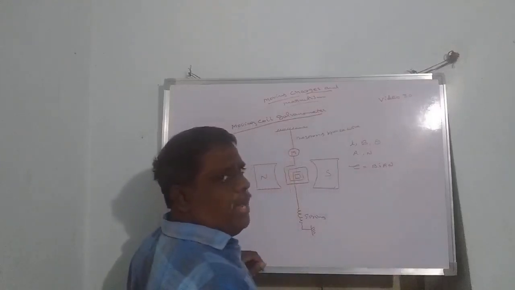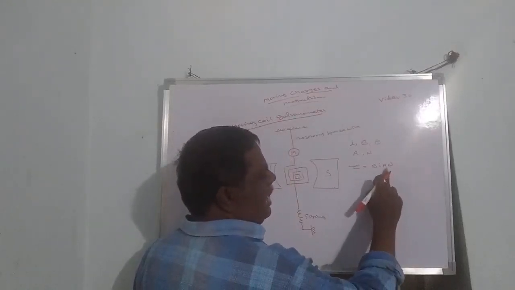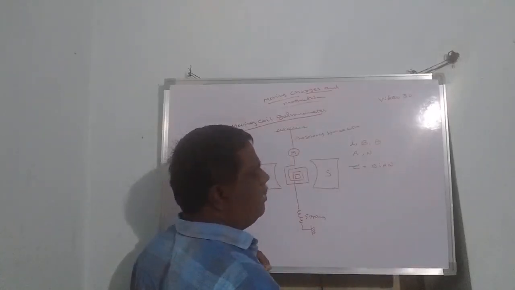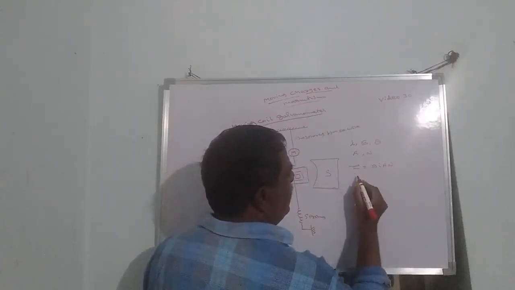That means it depends upon the magnetic field induction, the strength of current, the area of the coil, and the number of turns in the coil. So tau is equal to BIAN, and this is the deflecting torque.